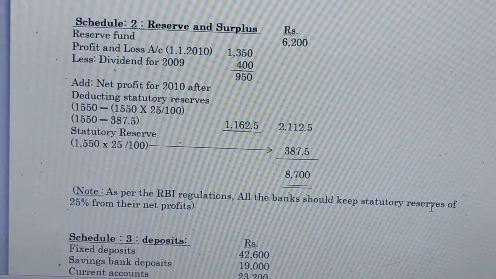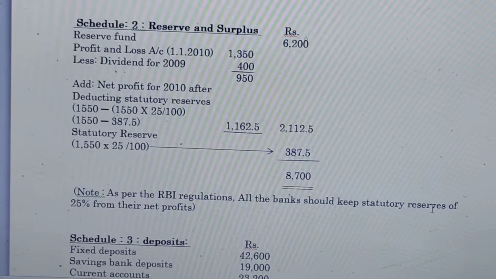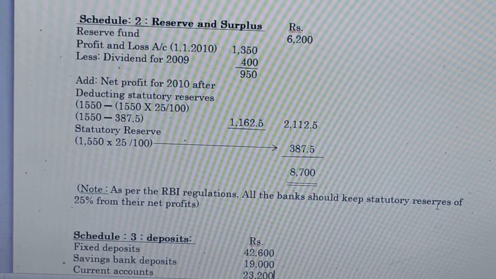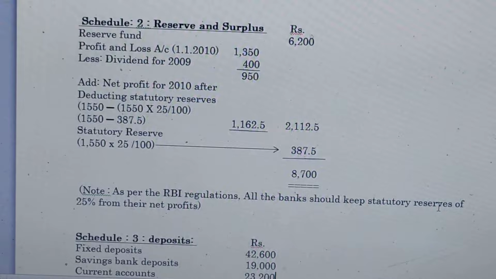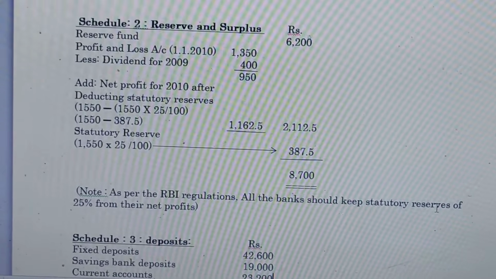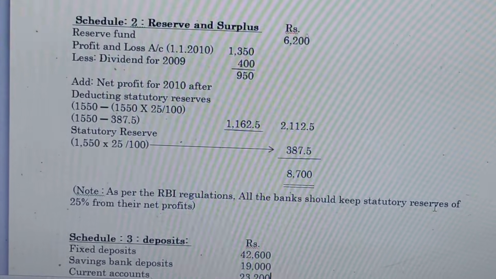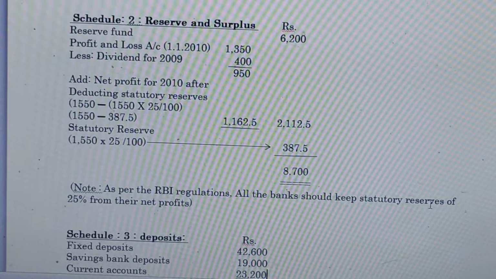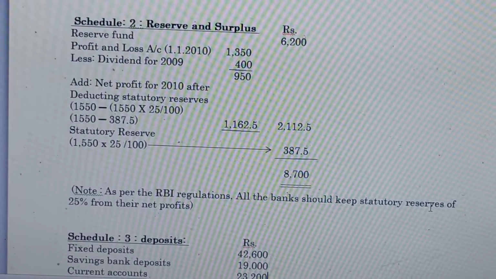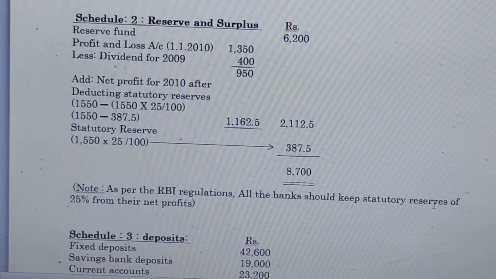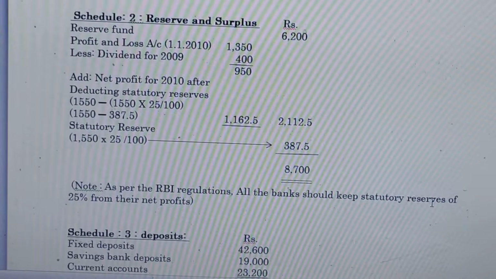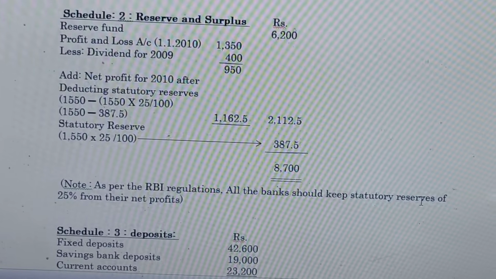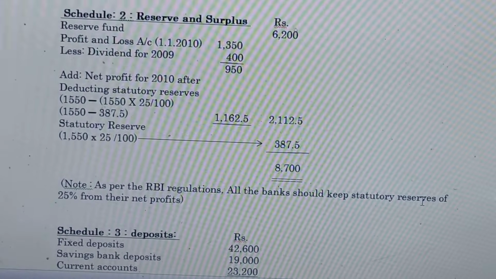Statutory reserve is mandatory for all banks except the Reserve Bank of India. The statutory reserve must be 25% of the bank's profit. So the bank's net profit is 1,550, multiplied by 25 divided by 100, we get 387.5. That is the statutory reserve.